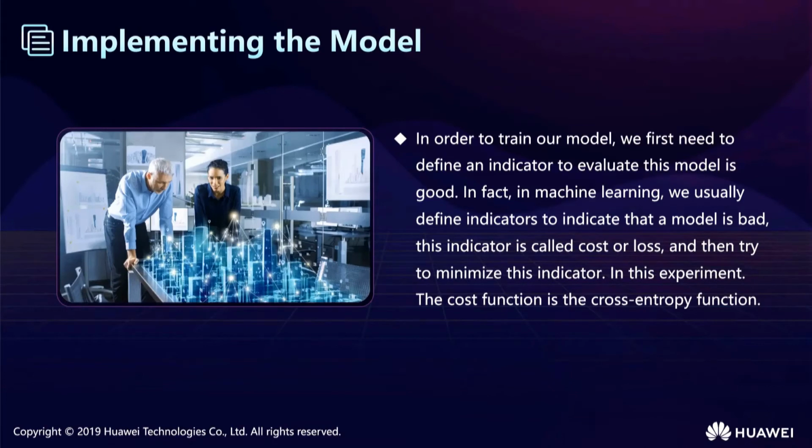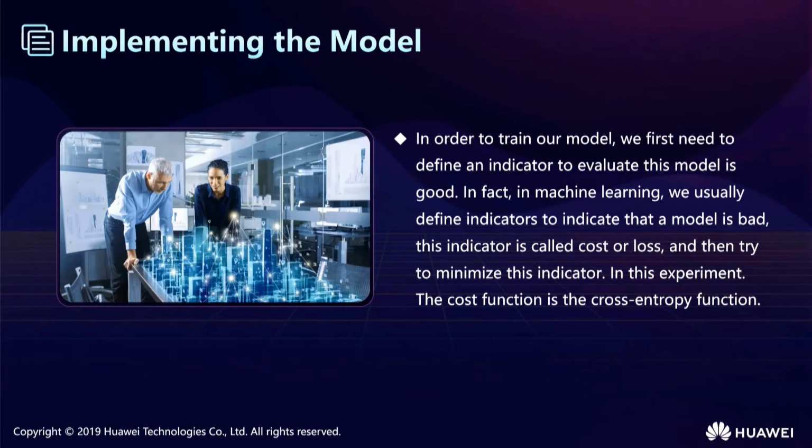The model is already built. We need to define an indicator to evaluate whether this model is good or not. This is called the loss function. It minimizes the difference between the prediction and the real result. Our goal is to minimize the loss function. In this experiment, our loss function is cross entropy.